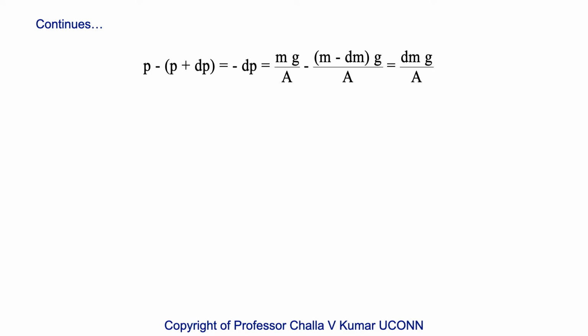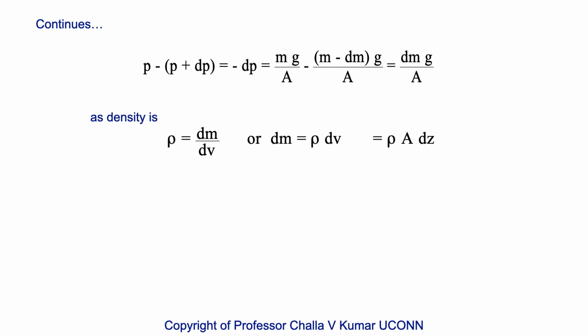We can do so by understanding that we have area at the bottom, and therefore volume can be written as area times height, dz. Therefore we can relate dm to the density. The density is defined as dm over dV.